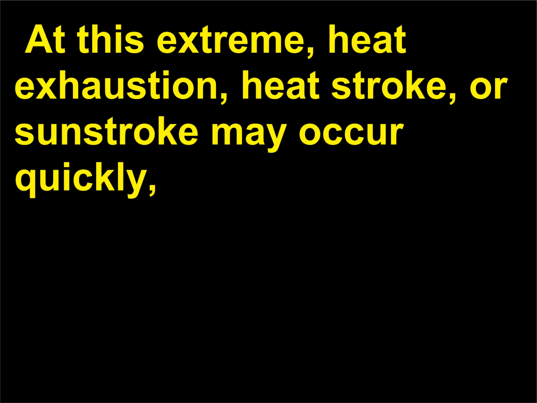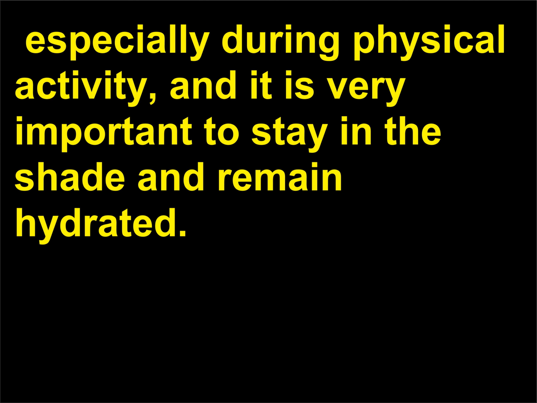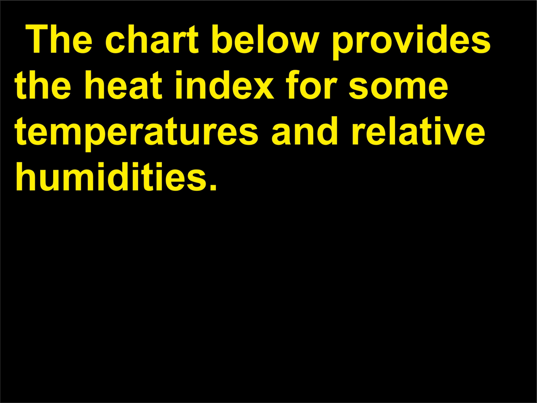At this extreme, heat exhaustion, heat stroke, or sunstroke may occur quickly, especially during physical activity, and it is very important to stay in the shade and remain hydrated. The chart below provides the heat index for some temperatures and relative humidities.